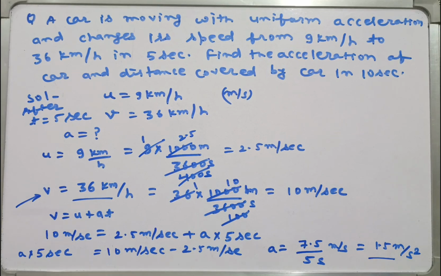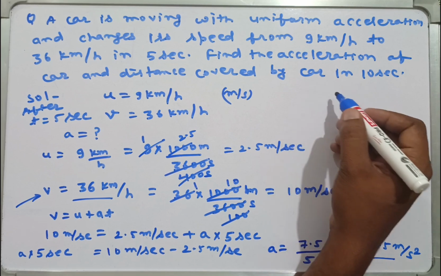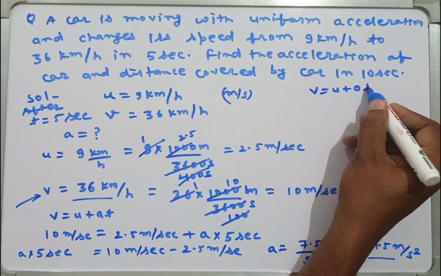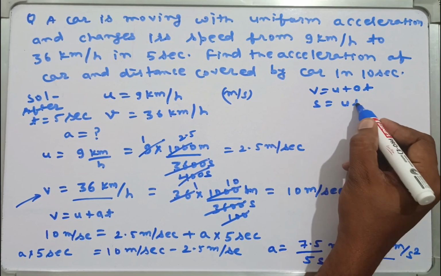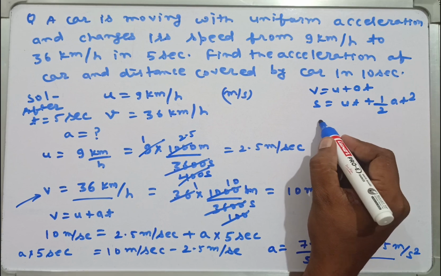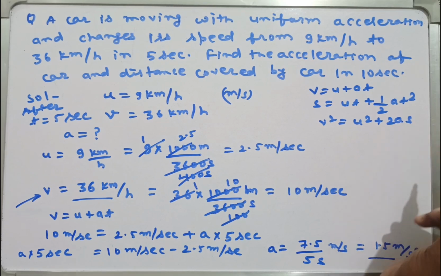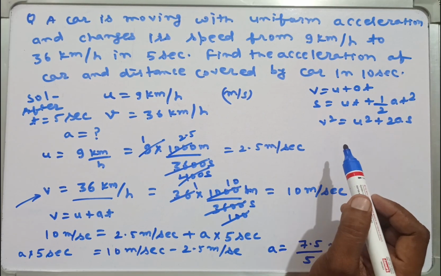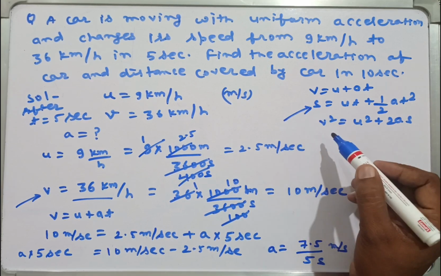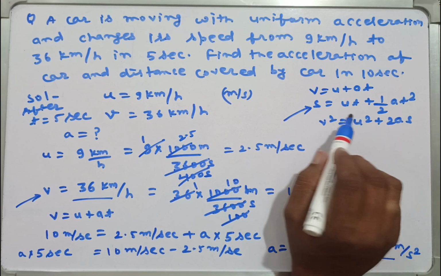Okay guys, we derived the equations of motion: v equal to u plus at, s equal to ut plus half at square, and v square equal to u square plus 2as. Which formula will you use? Here we will use this formula. Why?